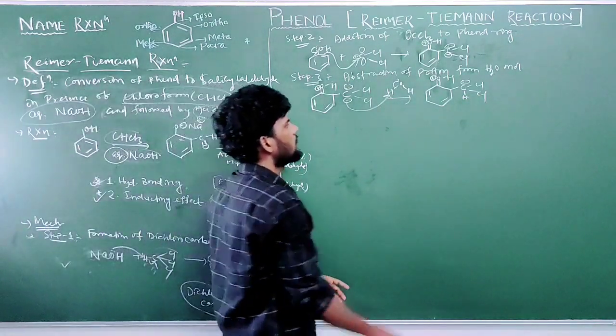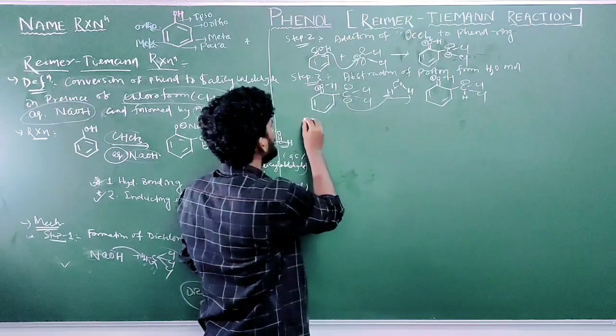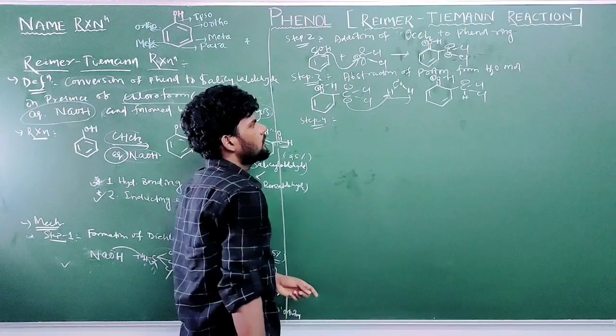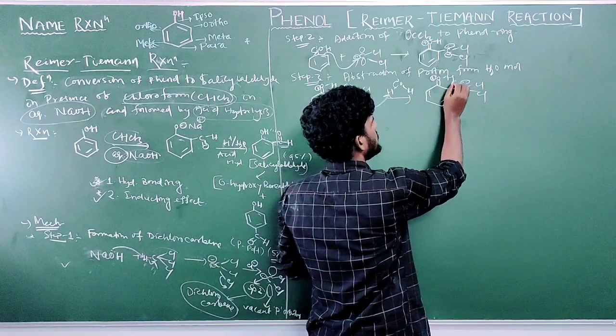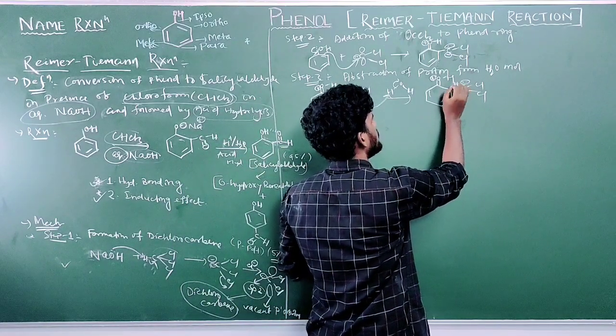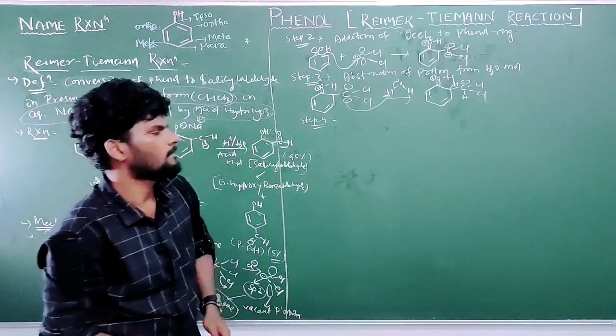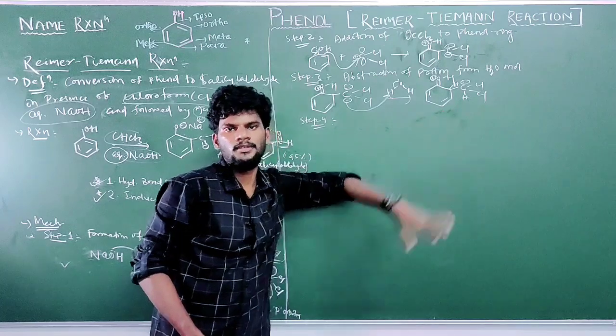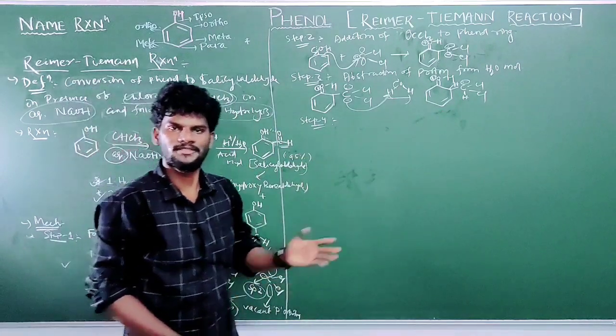In the next step, what happens? Write step 4. Here you can see one hydrogen on the carbon, tetravalency. Is this molecule stable? No, this is not stable. Reason?